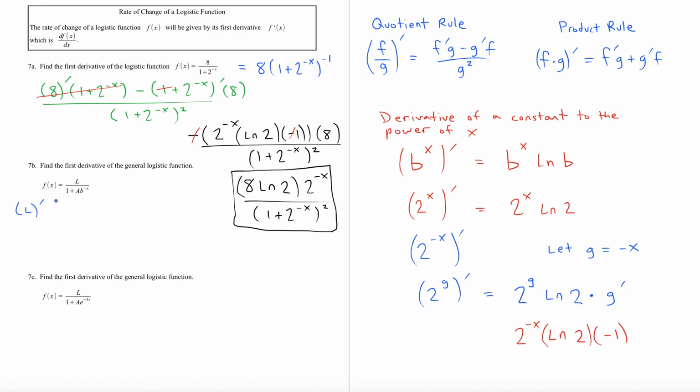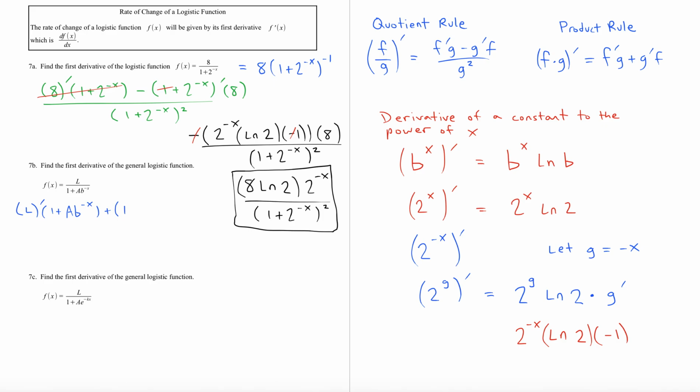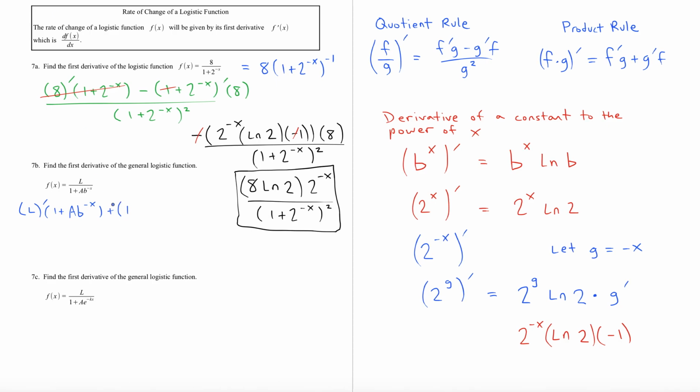We'll get L's derivative times 1 plus AB to the negative x, minus 1 plus AB to the negative x's derivative times L, over 1 plus AB to the negative x squared.